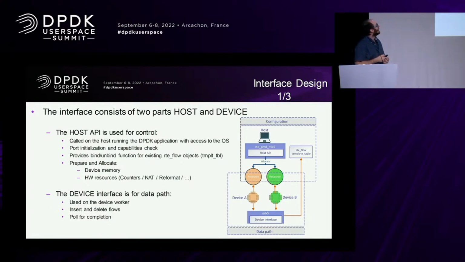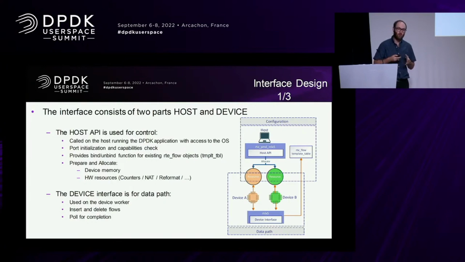We see here that our interface consists of two parts. We have the device and we have the host. The host API is used for control. It is called from the host running the DPDK application. This host has access to the operating system. It does the port initialization. It does the capability checks.